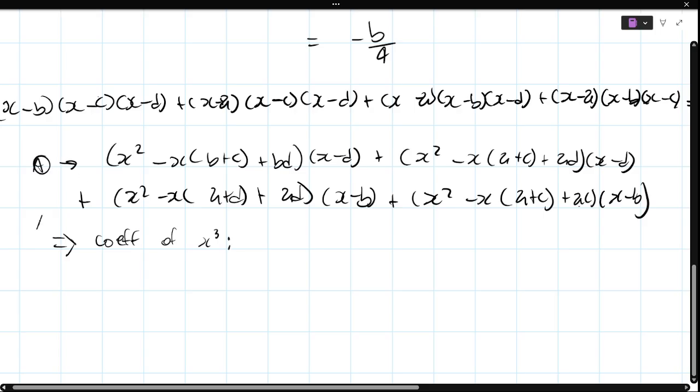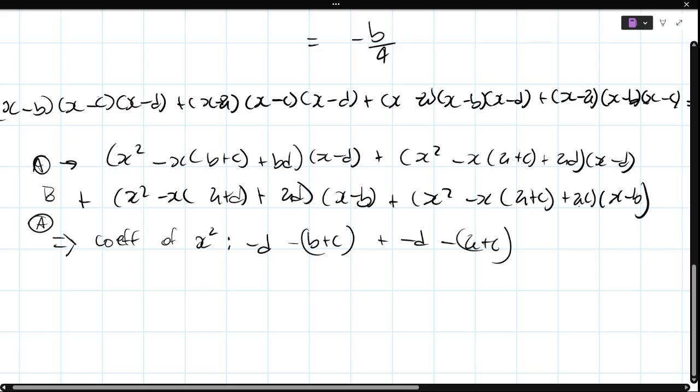So we have minus d because we can have this times this, or we can have this times this, and minus b plus c from this line here, plus minus d again, minus a plus c.